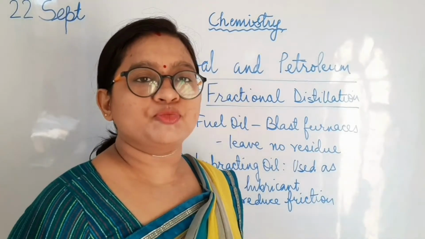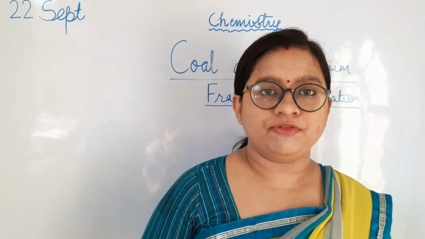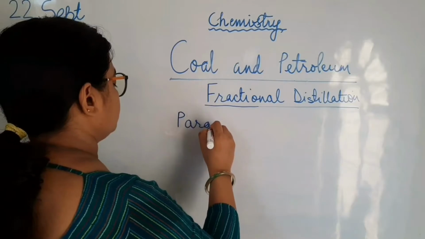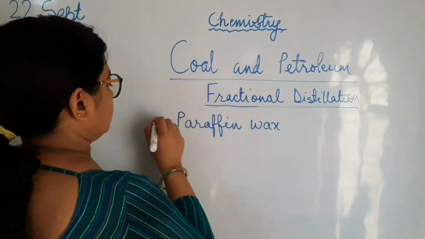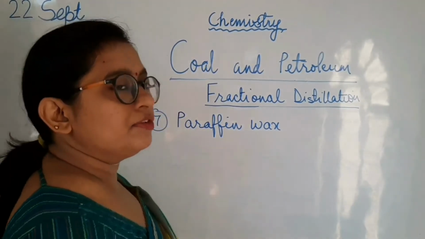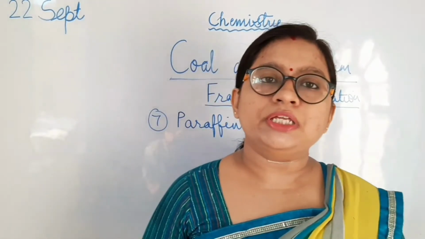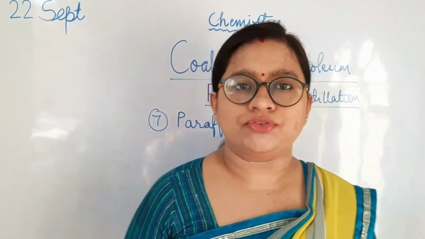Now let's move to the next product, that is paraffin wax. Now we'll discuss paraffin wax. Paraffin wax is used for making many things. Now what are those many things? Like candles, wax papers, cosmetics and many toiletries.